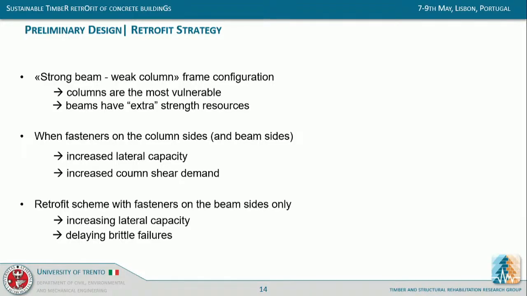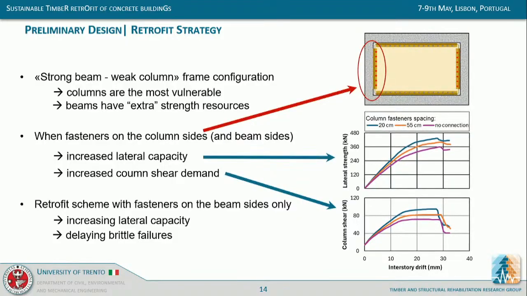So in the end, we still ended up with what we wanted, a strong beam, weak column scenario, so the columns are the most vulnerable, but the beams have some extra strength that we can tap into with our retrofit system, which tries to force a direct transfer from beam to beam and release the columns a little bit.